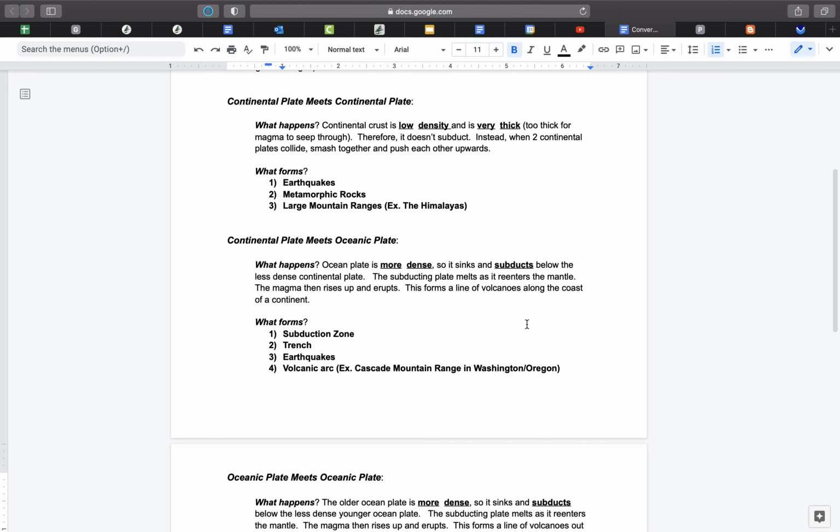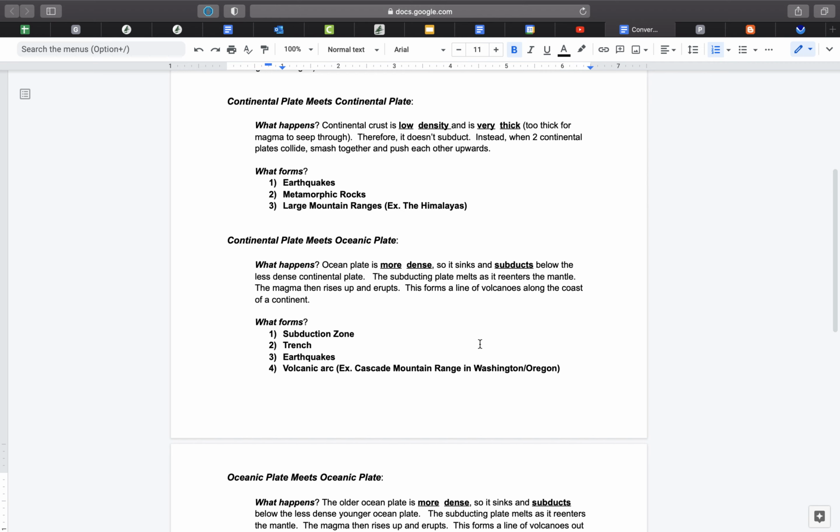So this is actually what's happening in that example I gave before in the Cascade Mountain Range over in Washington State and Oregon, in the northwest corner of the United States. So you have mountains there, obviously. Within those mountains, you do have some volcanoes that will be active at certain times when the plate movement is occurring.